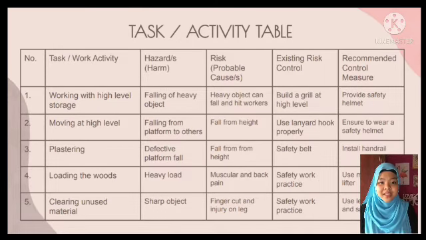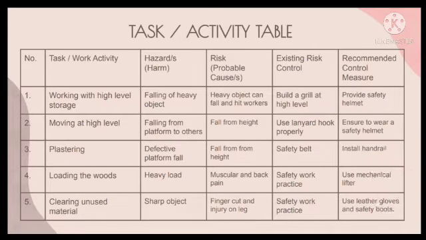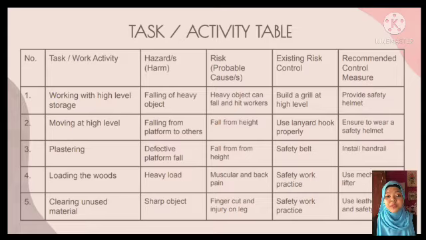For the plastering task, the hazard is a defective platform fall, and the risk is fall from height. The existing risk control is a safety belt, and its recommended control measure is to install a handrail. For the loading the wood task, the hazard is heavy load, and the risk is muscular and back pain.